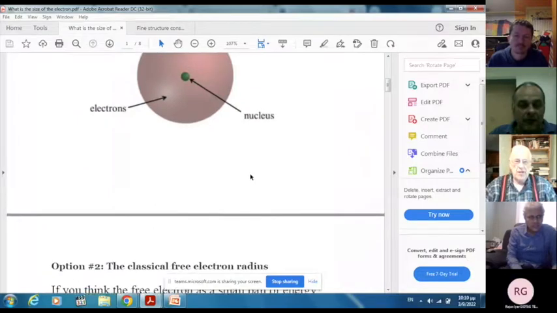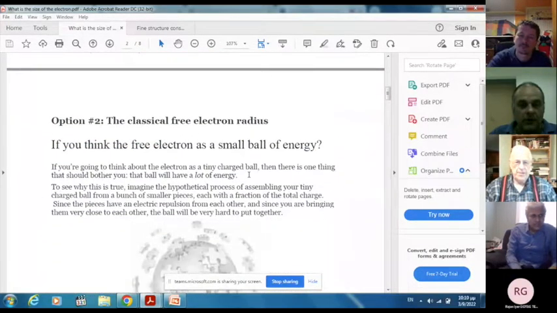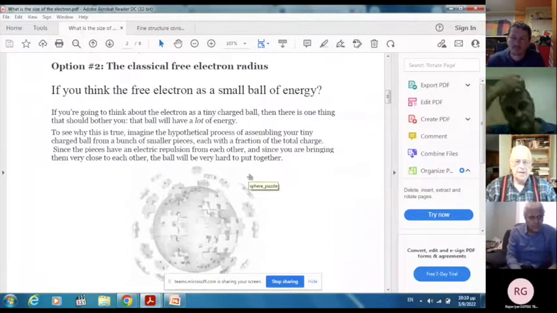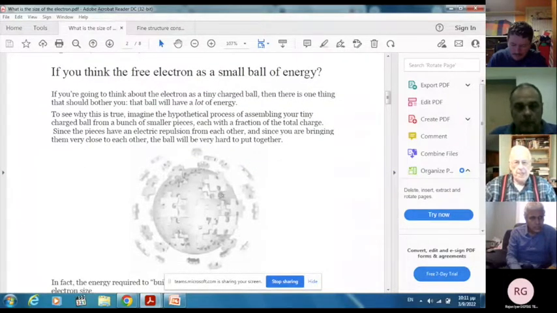But then we have a second option. If we regard the electron as a ball, a filled ball, because the sphere is empty inside, but the ball is just something which is compact, it's filled. So for one who thinks that the free electron, now not inside the atom, is some kind of small condensed energy ball, this can be constructed from bits of charge.